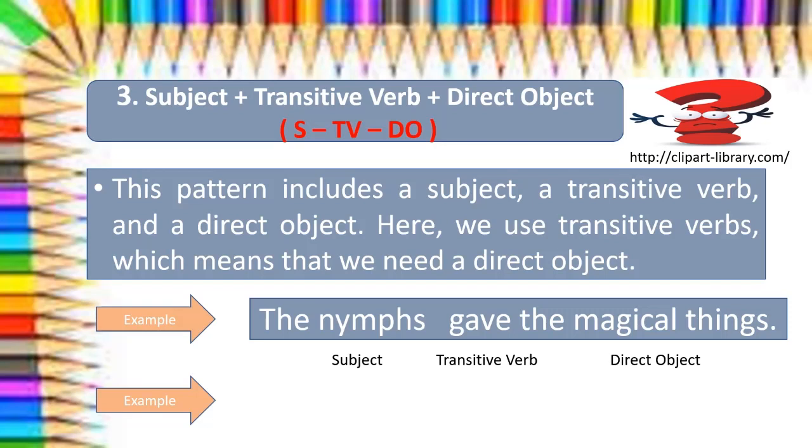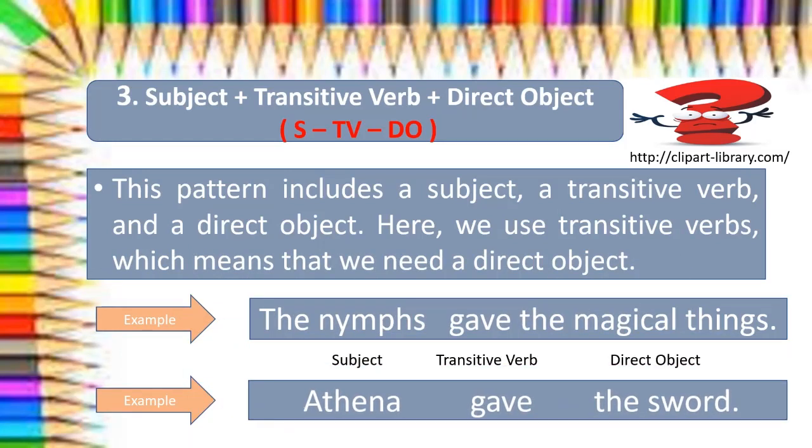Our subject is the nymphs, the transitive verb is gave, and the direct object is the magical things. Another example, Athena gave the sword. Athena is our subject, gave is the transitive verb, and the sword is the direct object.